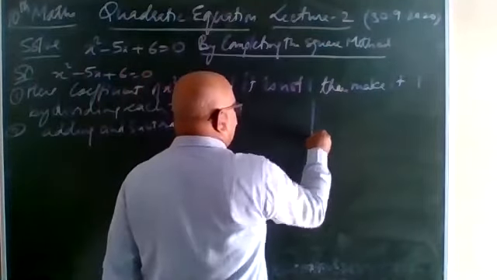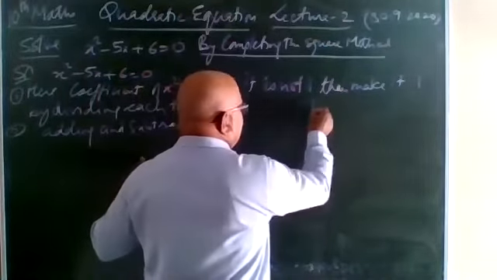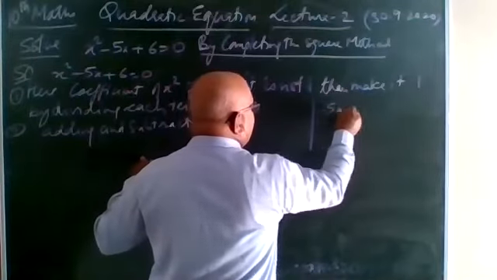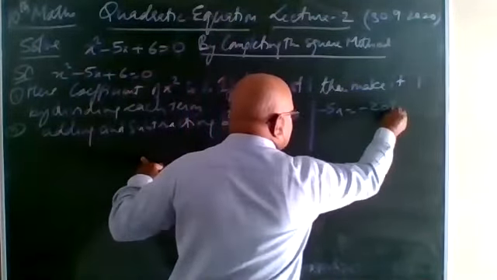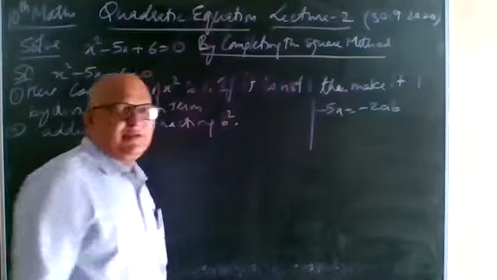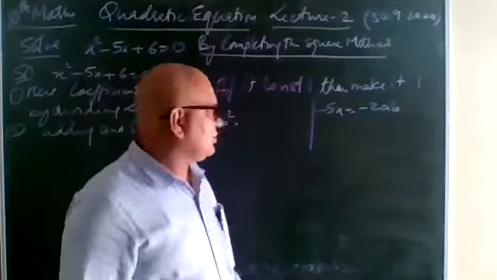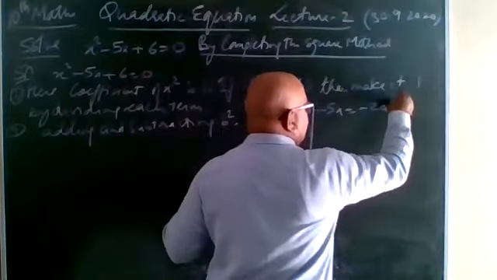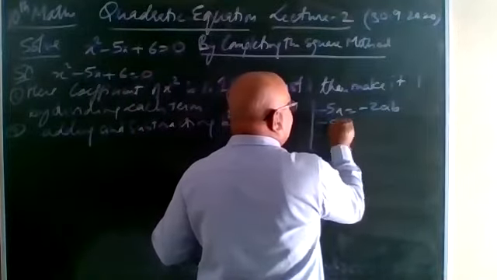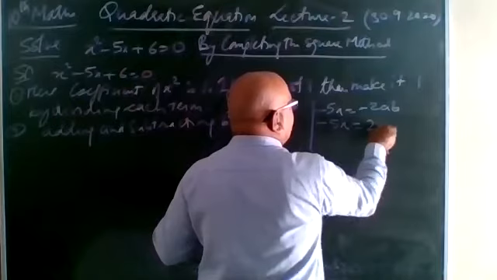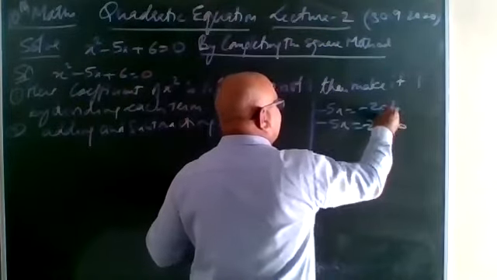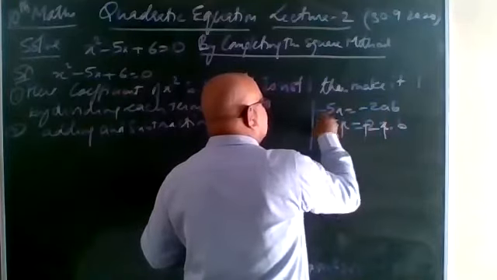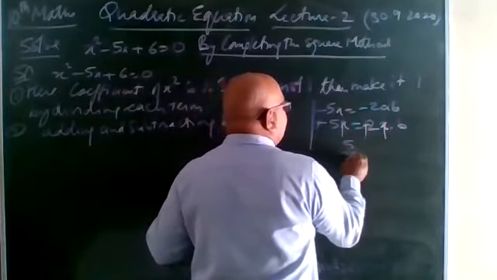How will you find b? Minus 5x will be equated to minus 2ab. Here a is always x, so x cancels and minus cancels. So you get 5 by 2.